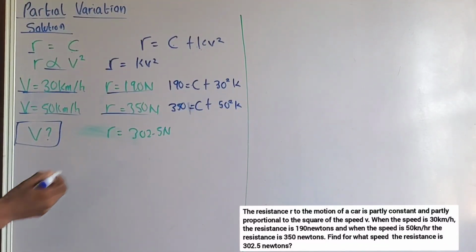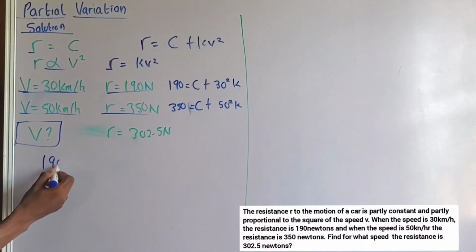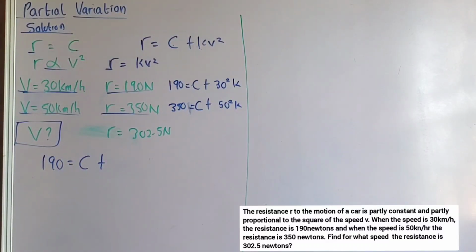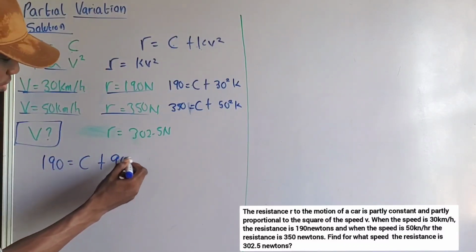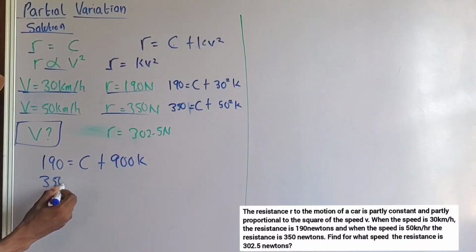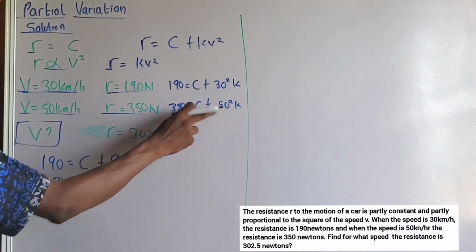I can rewrite this equation as 190 equals C plus 30 squared k. 30 squared will give us 900, so I'm going to have C plus 900k. And for the next one, I'm going to have 350 equals C plus 50 squared k.